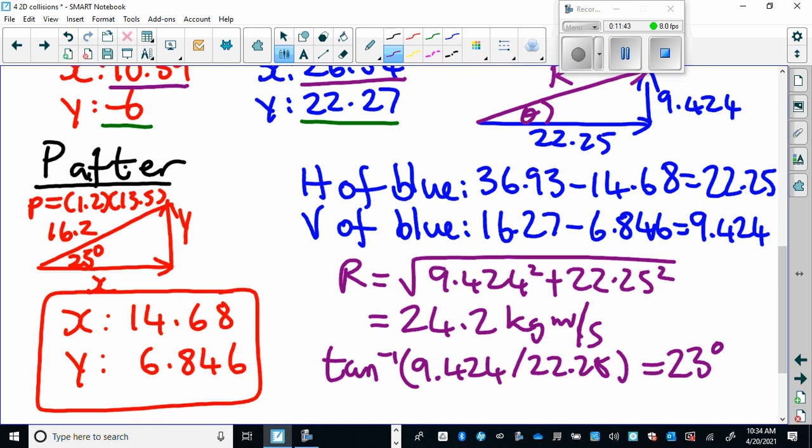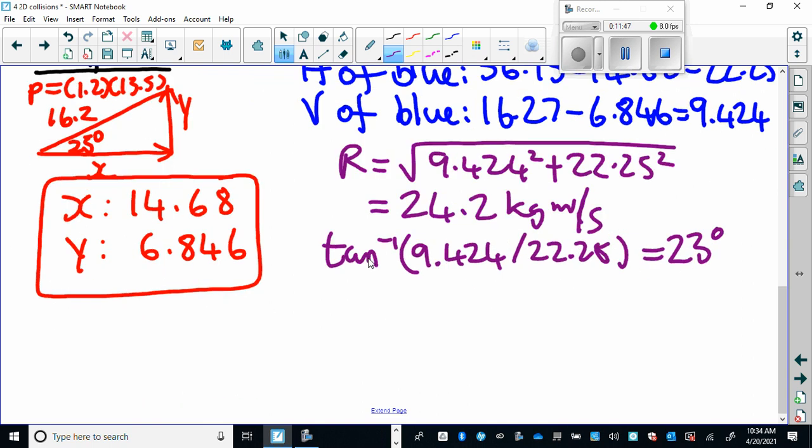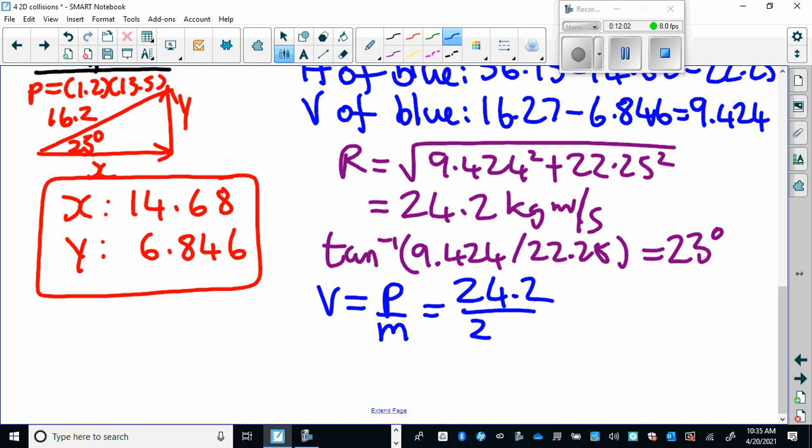Okay, now remember, that's not the answer to the question, because the question was asking for the velocity of the blue ball, and therefore our final step is going to be to calculate the velocity, which is momentum over mass, which is going to be your 24.2 divided by 2.21, and you end up getting an answer of 10.5 meters per second.